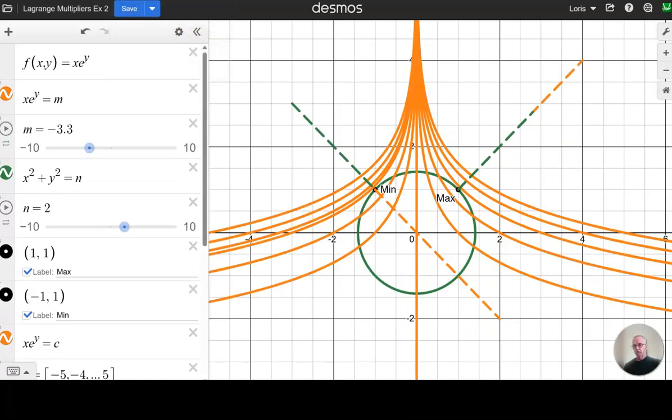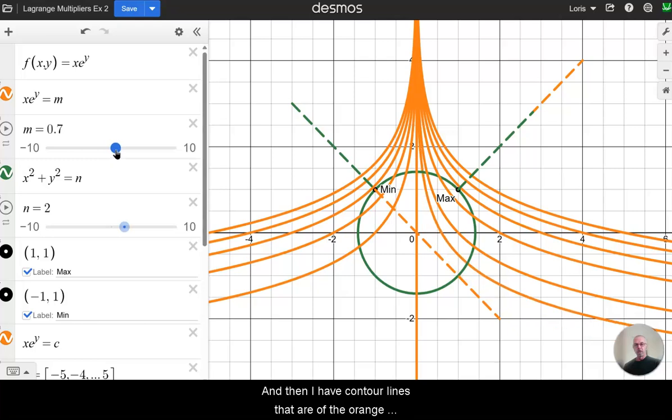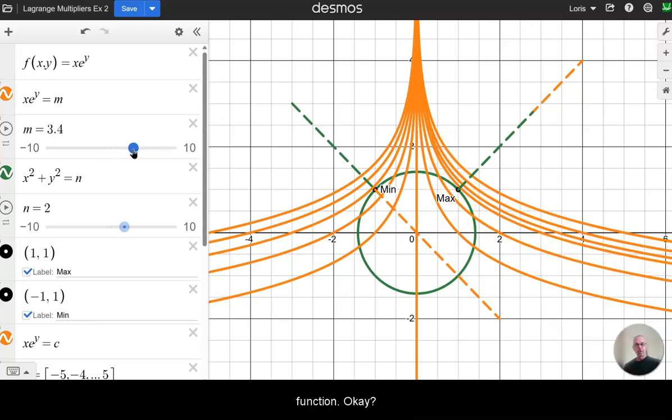or min. So what I've done here is, this is the green function, this is the view from the z-axis. This is the green function here, and then I have contour lines that are of the orange function, okay?